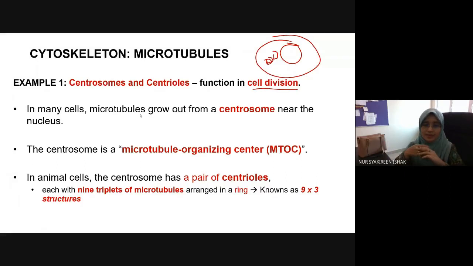The centrosome is a microtubule organizing center, MTOC. In animal cells, the centrosome has a pair of centrioles, each with 9 triplets of microtubules arranged in a ring. This arrangement is known as the 9 times 3 structure.